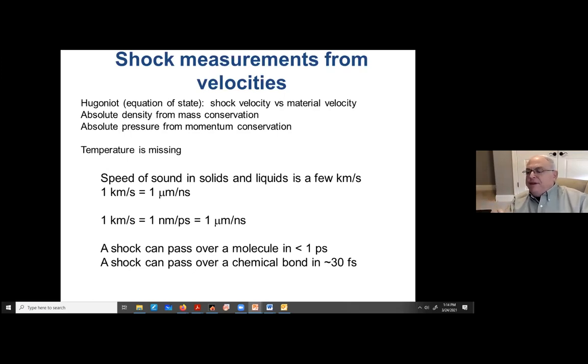And the reason for this is that many of you are probably more familiar with using short pulse lasers. Light travels at the speed of light. Shocks are about 10 to the 5th times slower. So the time it takes to excite your sample is the time it takes the shock wave to move from one side to the other. And so that limits your time resolution. And so one of the things we do is we try to arrange things where we have very thin samples.